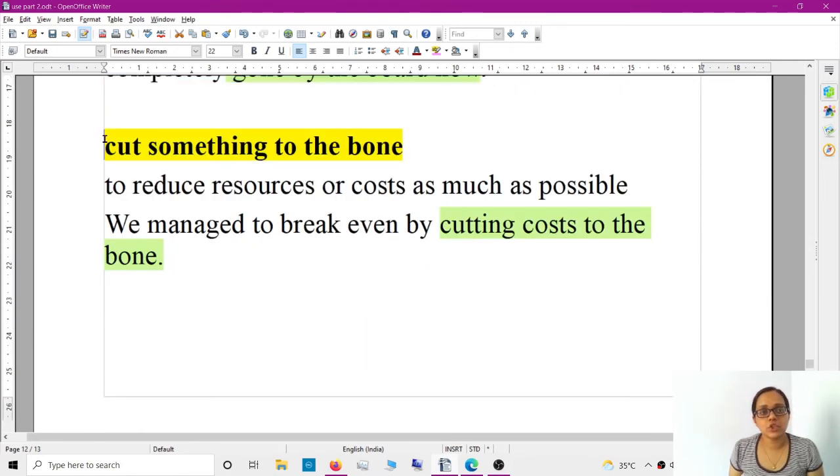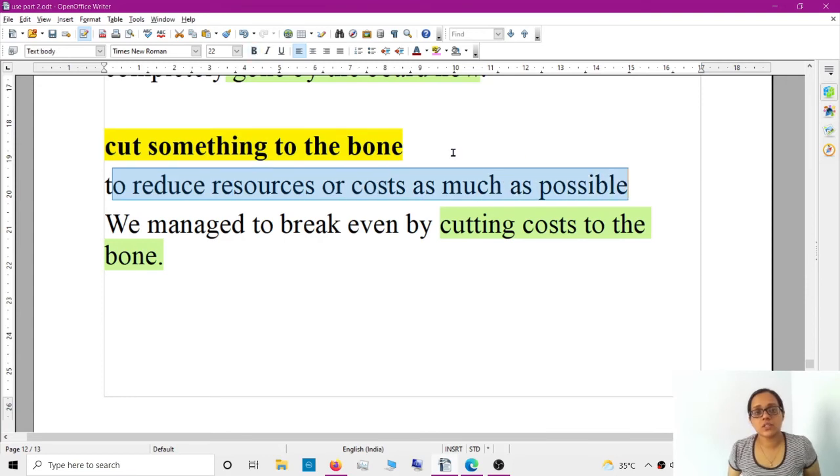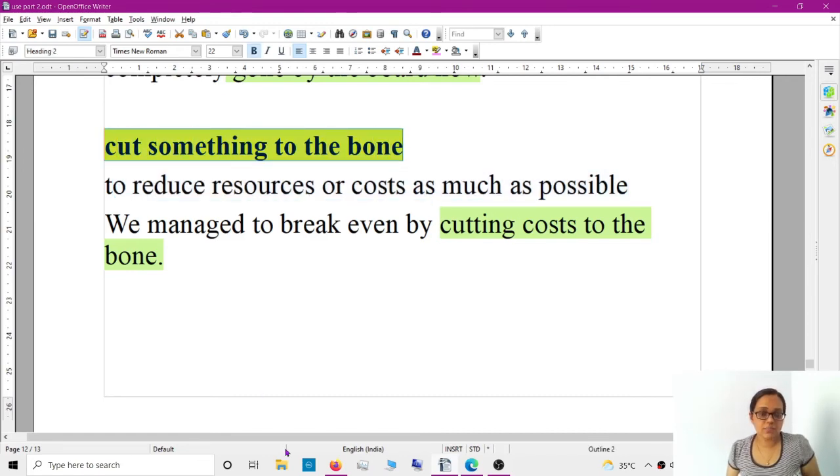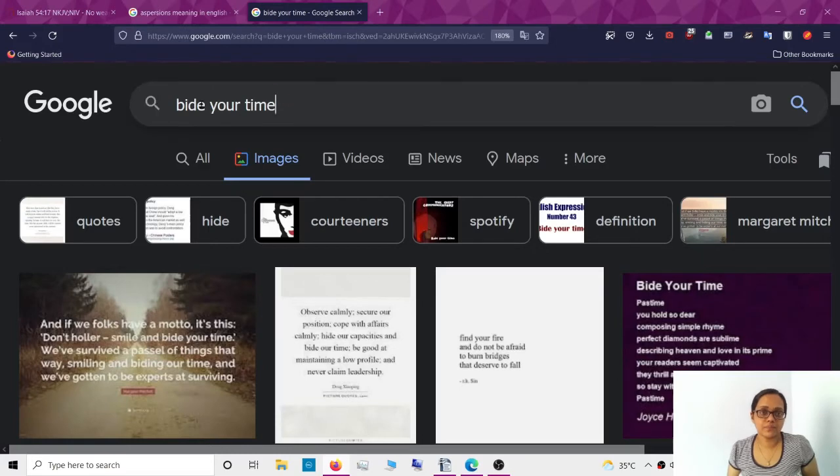Cut something to the bone means to reduce resources or cost as much as possible. So that is known as cut something to the bone.